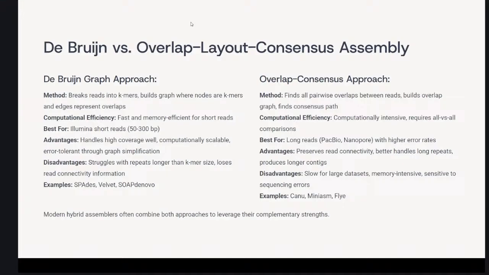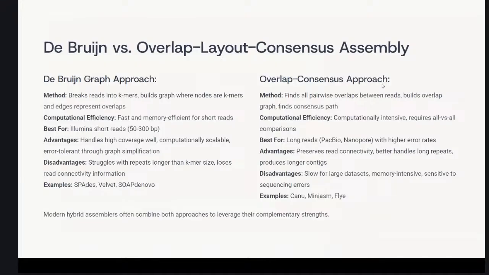Okay, so there are examples of tools which utilize this de Bruijn graph approach. One is SPAdes, which we will be using for our demonstration. Then Velvet and SOAPdenovo are a little bit older tools. And then there is the overlap consensus approach.